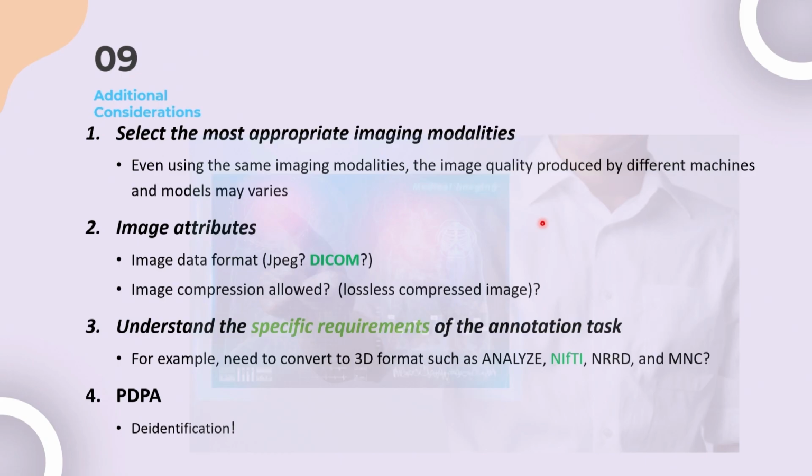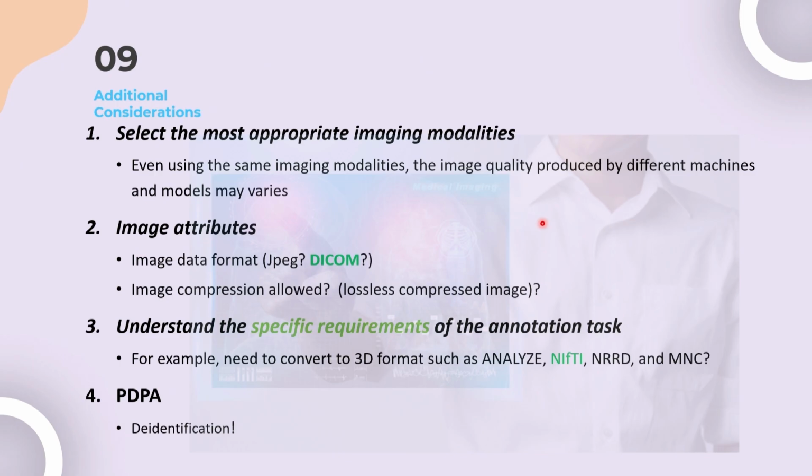Before we consider fitting all those preprocessed images into the AI model, we have to consider whether we are choosing the right imaging modality, because different AI models work well for a certain image modality. Some work well for CT, some for MRI and mammography. You have to choose the correct one.